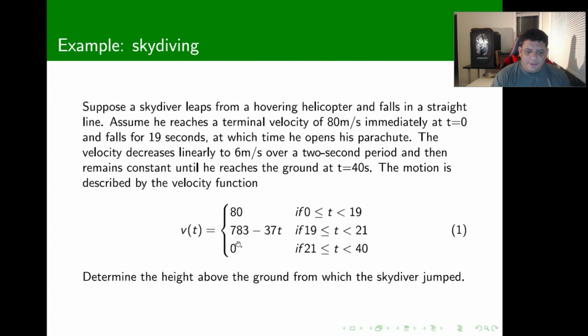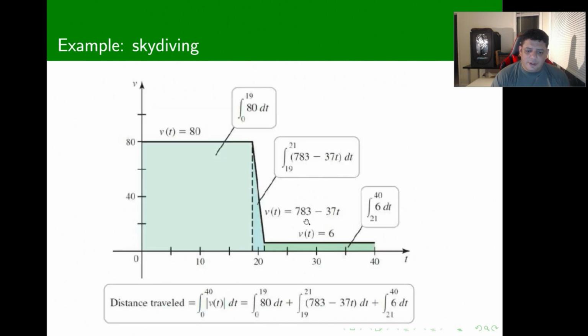By the way, this is supposed to be 6 instead of 0. So at this point, we integrate over the different intervals, and then once we obtain what each of these areas measures, notice that all these are positive areas, so they're going to add up, and adding up is going to give me the full distance that is traveled.